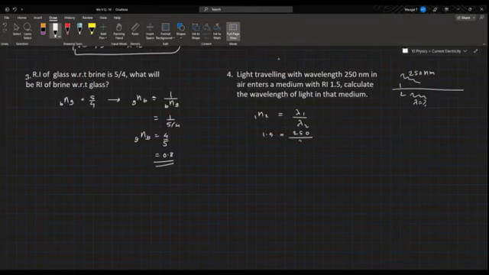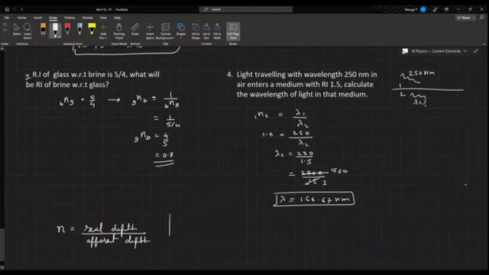So this is 250 upon 1.5, which is 2500 upon 15. So 5 3s are 500 upon 3. So that answer will give you 166.67 nanometer.